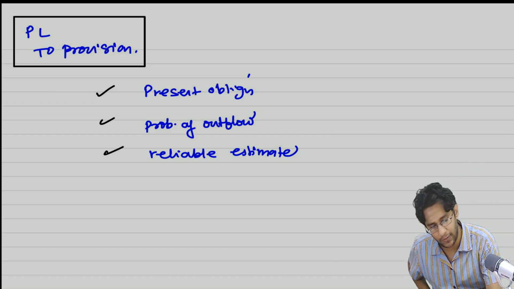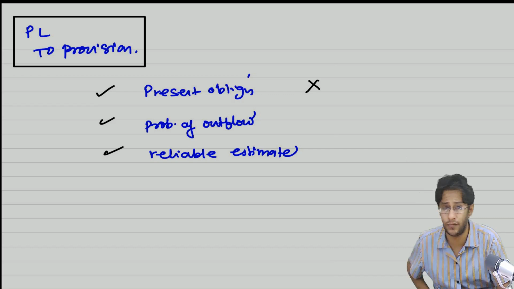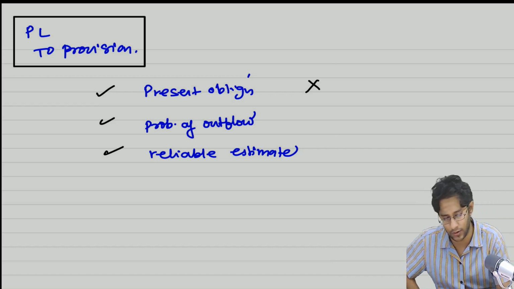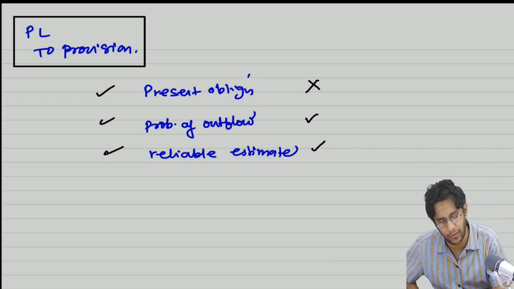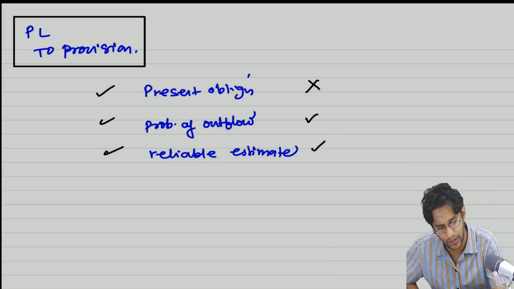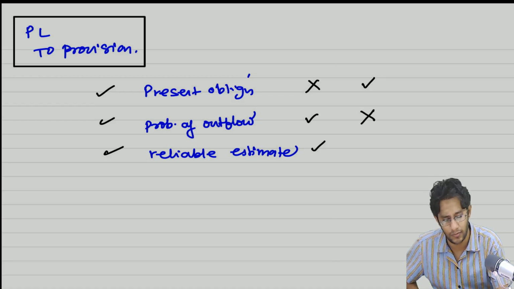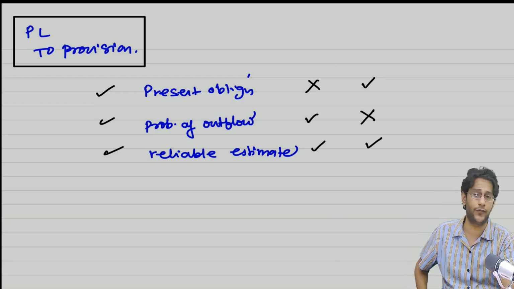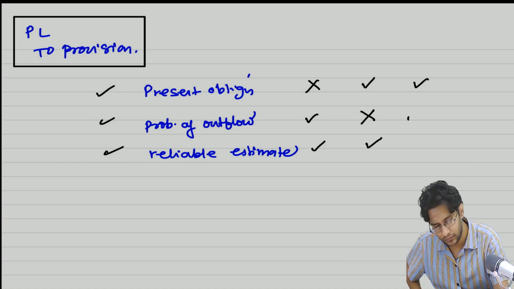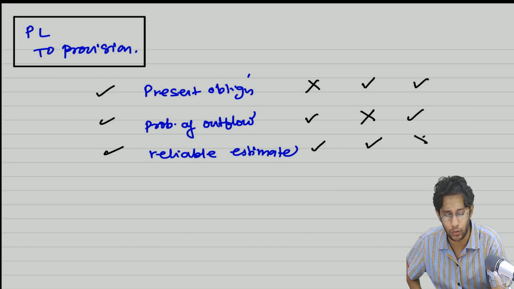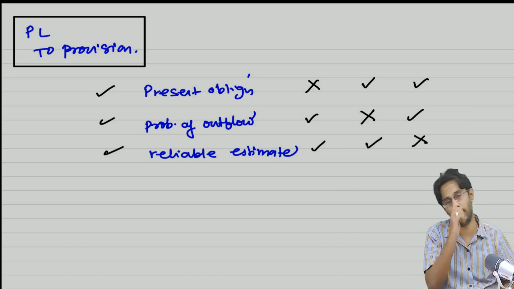So that means, imagine you say that there is no present obligation. If there is no present obligation, it becomes a possible obligation. And all possible obligations prima facie are contingent liability. Similarly, you may say, sir, I have a present obligation, but the chance of outflow is very, very less. Or I know the amount of obligation, but the chance of outflow is very, very less. Or these two passed, but you could not make a reliable estimate towards the amount of the obligation.